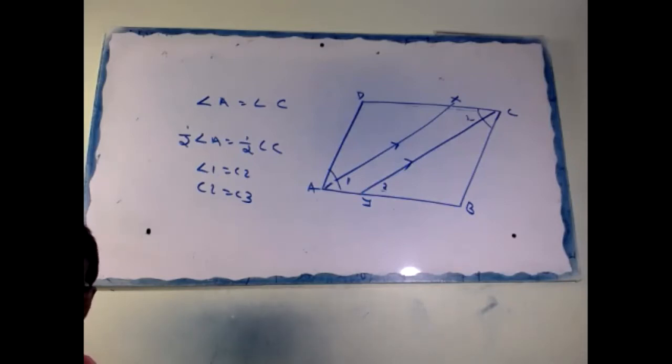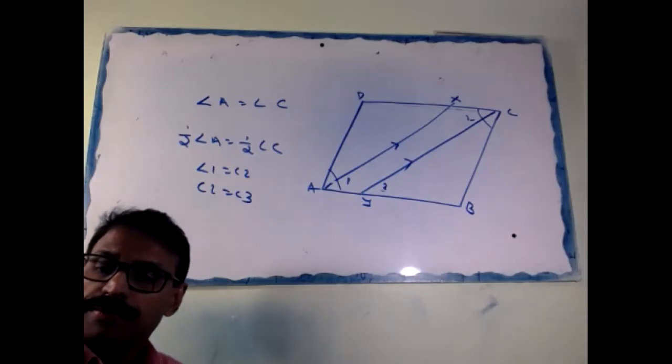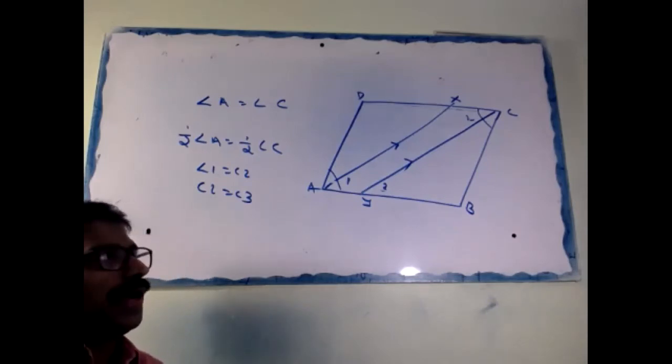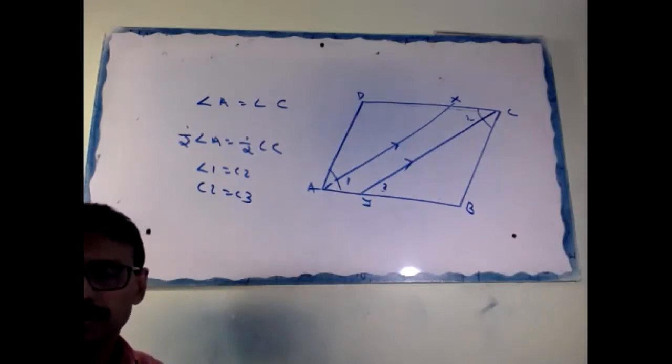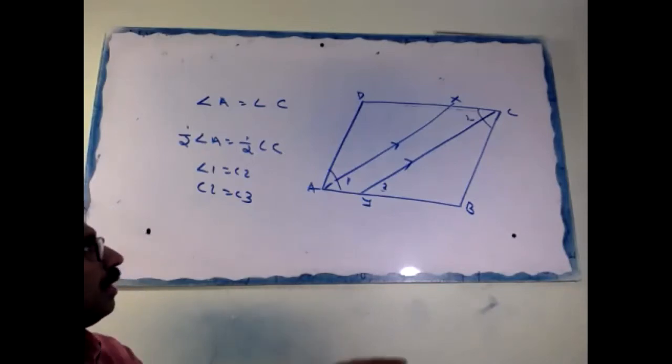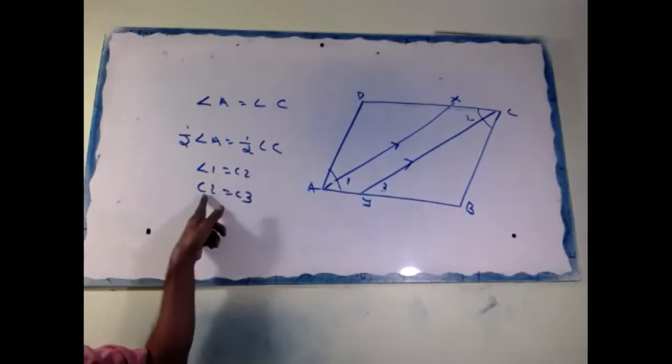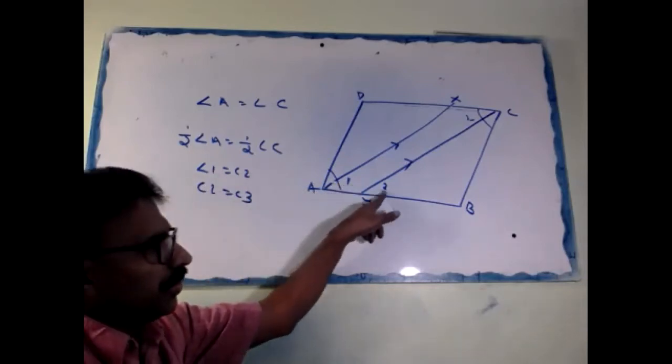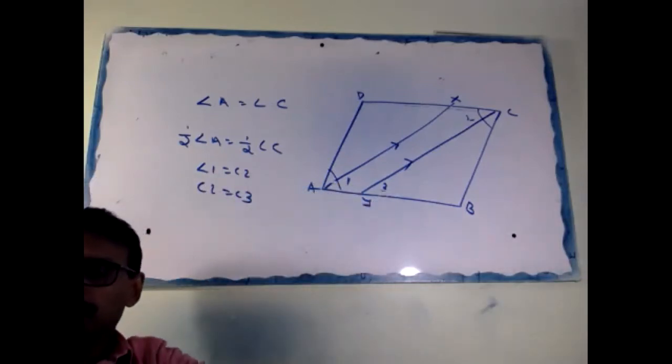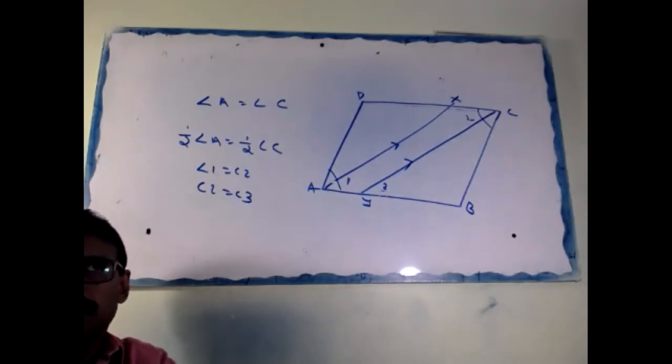But angle 2 equals angle 3, alternate angles. 1 equals 2, 2 equals 3, that means 1 equals 3.